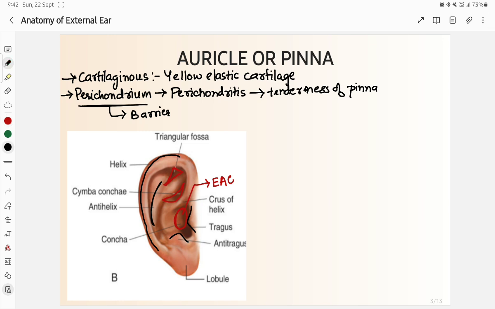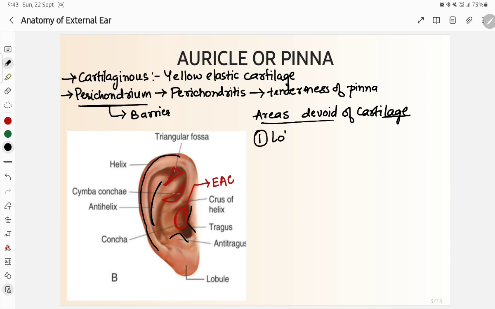Now there are two areas that are devoid of cartilage. These areas are very important clinically. The first area you must know, you would have learned in your anatomy classes.